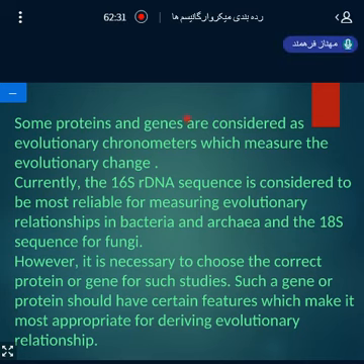Some proteins and genes are considered as evolutionary chronometers, which measure the evolutionary change. So we use some proteins and genes as indicators and as markers for investigating the evolutionary relationships or changes.